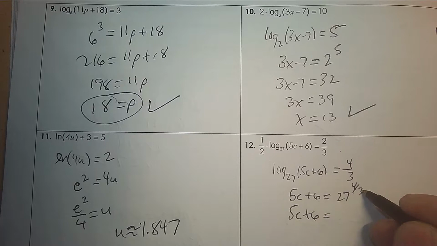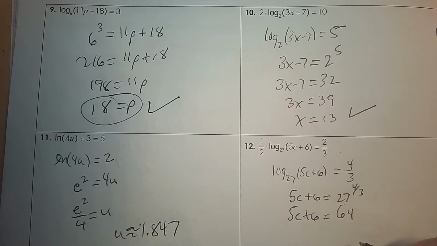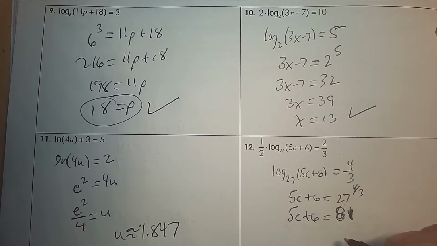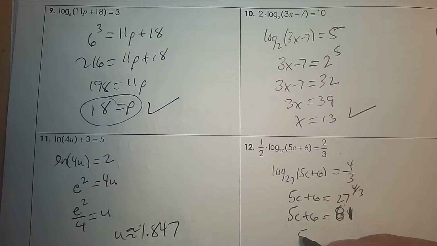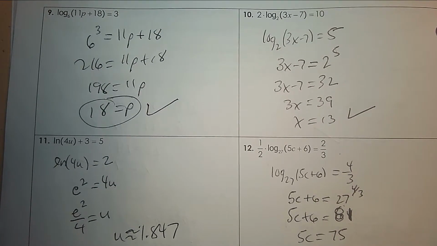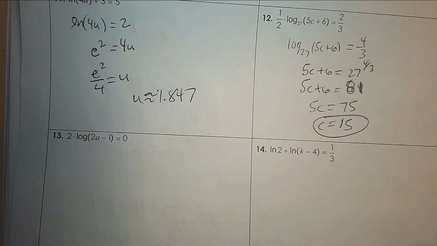The cube root of 27 is 3, and 3 to the 4 is 64. No, it's not. 3 to the 4 is 81. And then subtract 6, and then divide, and you get 15. 15 is a good answer.